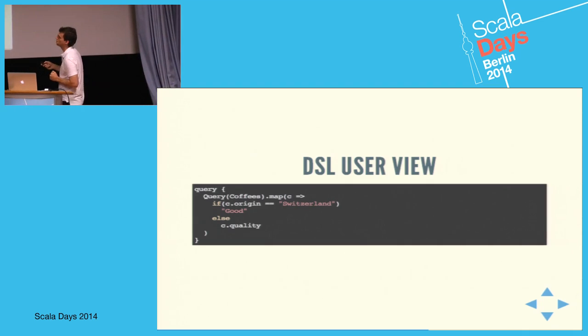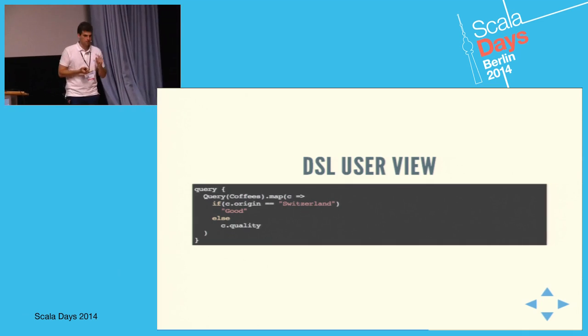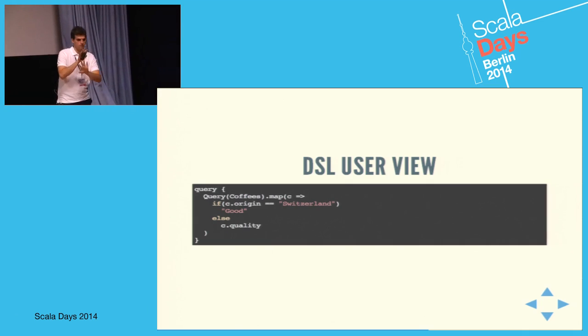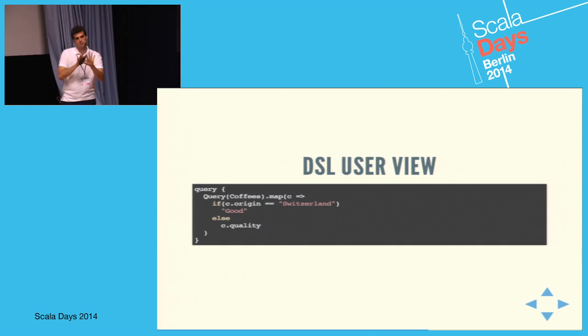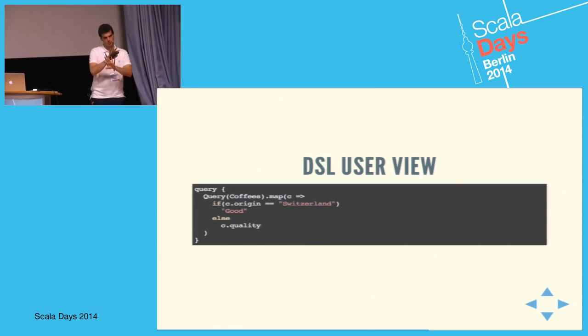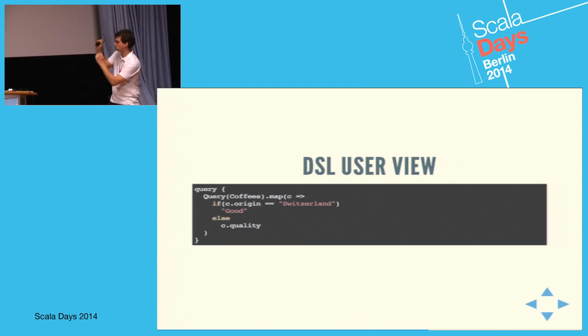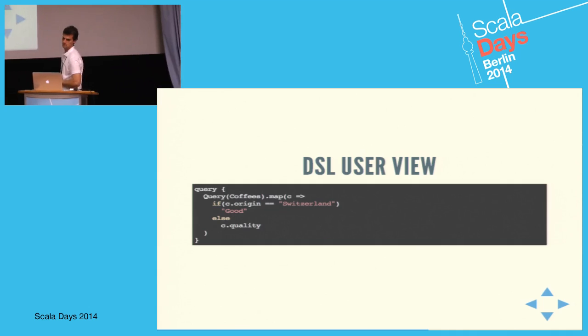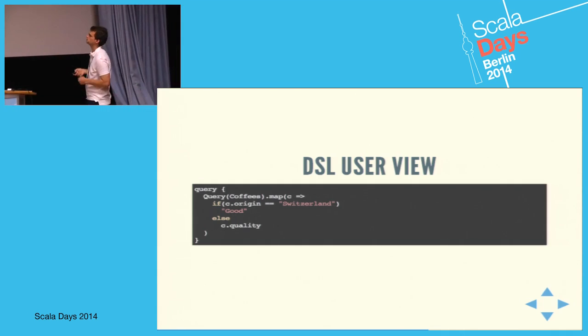And unlike others, like Slick or LMS, where you can intermingle your programs with wrapped types, so you look at the program and you don't know what's a wrapped type and what's not, here it's explicit. You say, this is my language. So query, period. The boundaries are explicit. That's it for a DSL user.